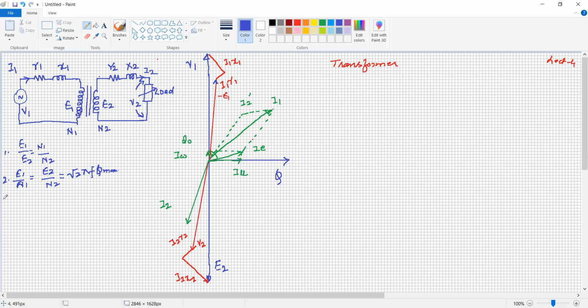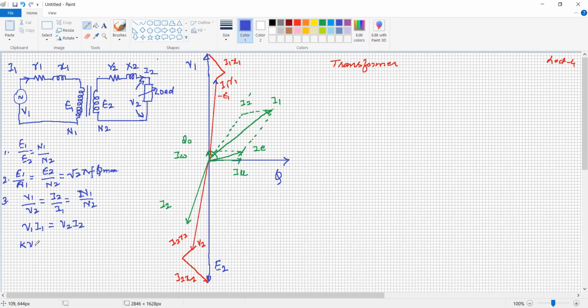The third is that we came to know that V1 upon V2 is equal to I2 upon I1, which is equal to N1 upon N2. From this, it is found that V1 I1 is equal to V2 I2. If it is divided by 1000, it comes in kVA.